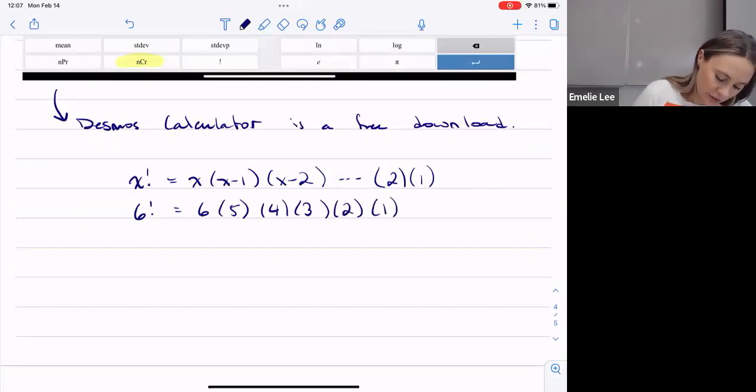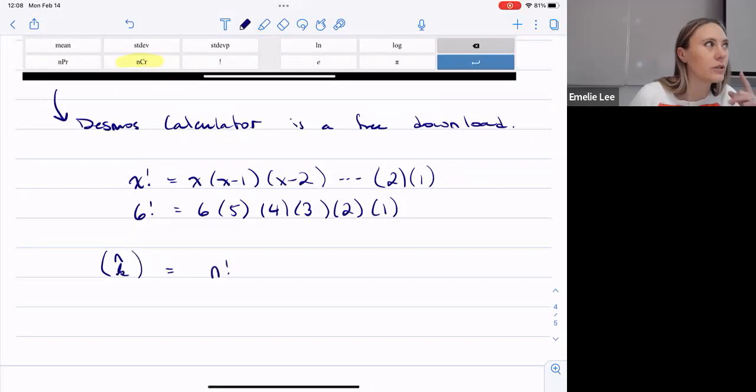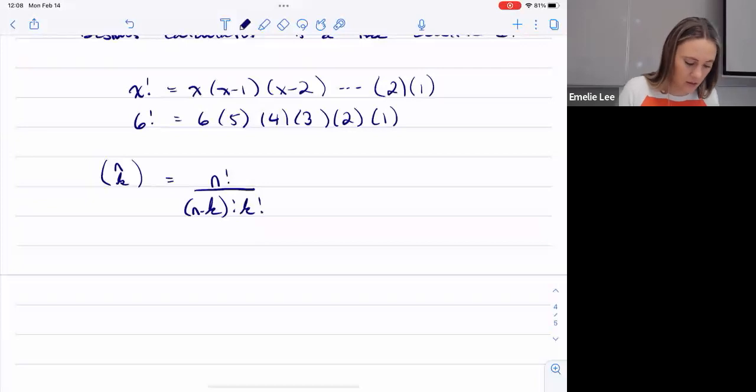And the choose function, n choose k, is n factorial... I have to look it up, can't remember. N factorial upon n minus k factorial times k factorial.